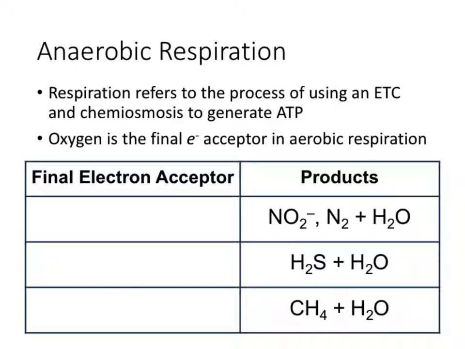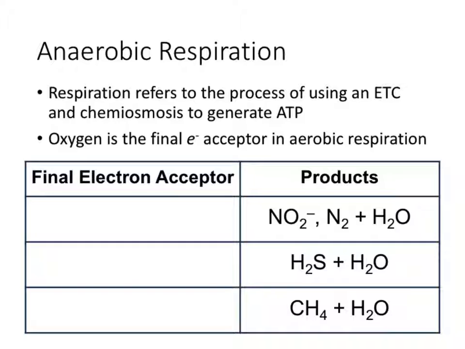So what I'm trying to bring up here is actually between aerobic and anaerobic respiration, in terms of the amount of energy that's harvested in the form of ATP, aerobic respiration does the best because oxygen is the most electronegative. That allows for the greatest release of energy from those electrons from NADH and FADH2 over time.